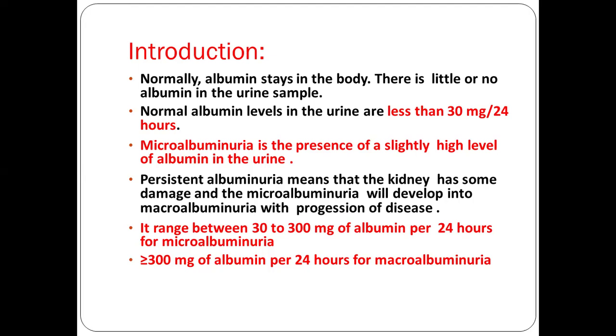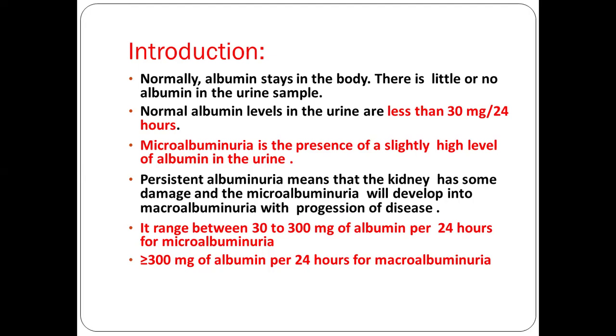Microalbuminuria is the presence of a slightly high level of albumin in the urine. Persistent albuminuria means that the kidney has some damage. If there is persistent albuminuria, that indicates the kidney has some damage.